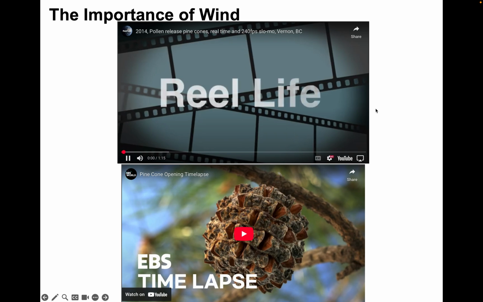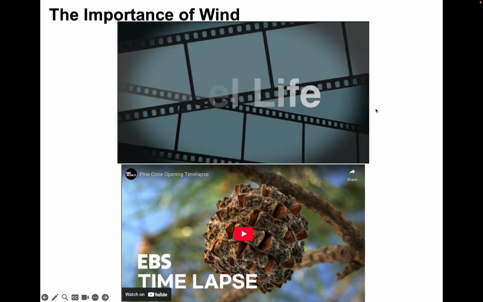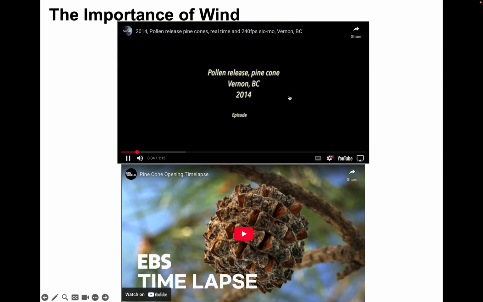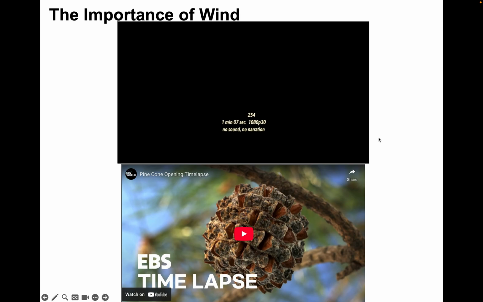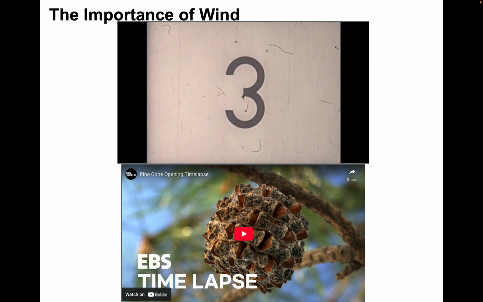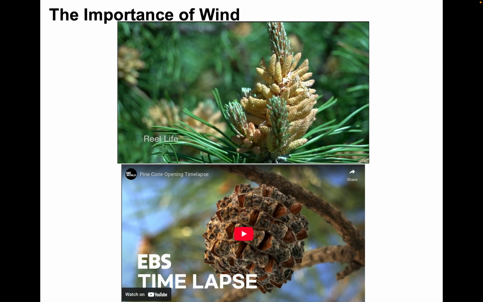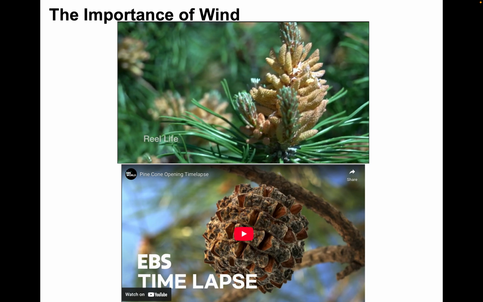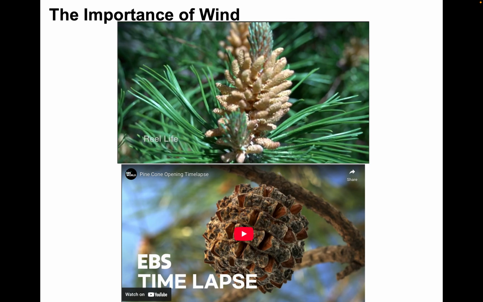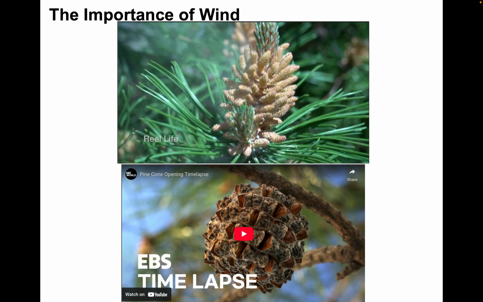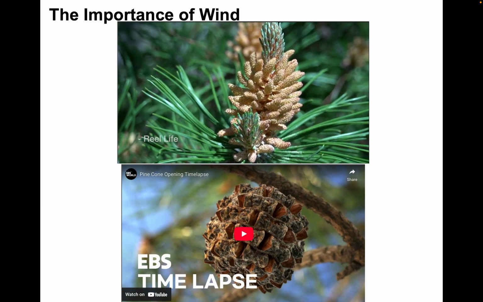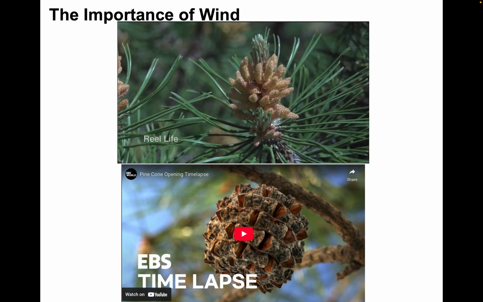This first one is the male cone. In this, you're seeing the pollen, a gust of wind, and the pollen blowing right out of it.